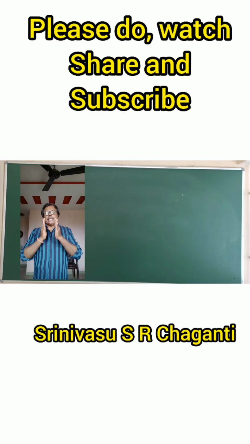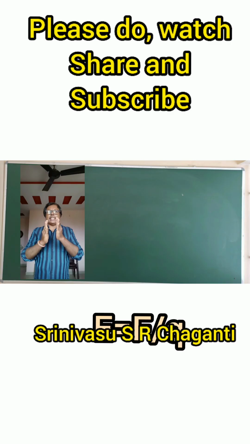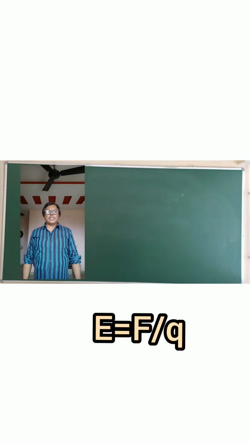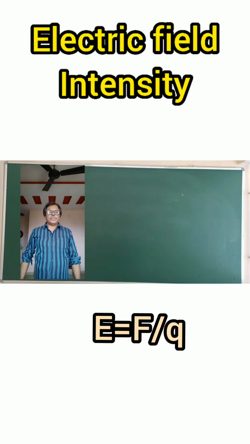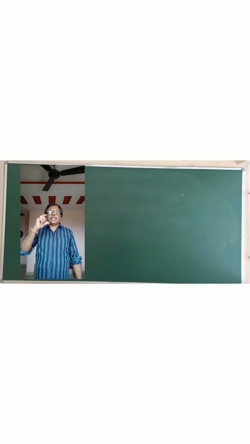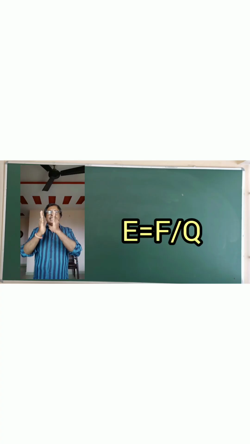Therefore, electric field intensity E is equal to F by Q. The force experienced by a unit positive charge placed at a point in an electric field is the electric field intensity.